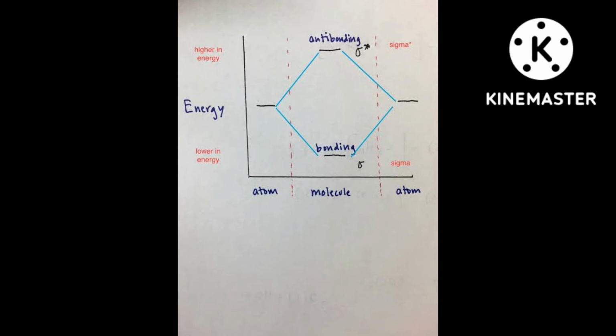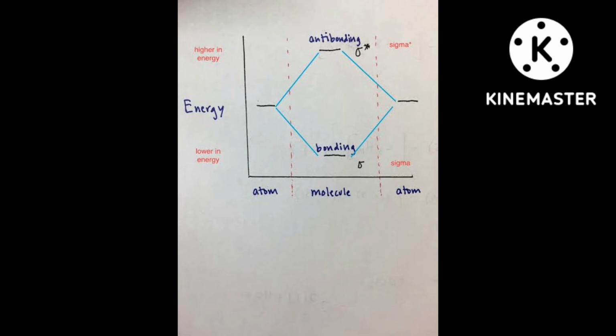So the two molecular orbitals, bonding sigma and anti-bonding sigma star, are formed. Sigma is equal to sigma A plus sigma B, that is the bonding orbital. And sigma star, the anti-bonding, is equal to sigma A minus sigma B, because they are far from the nucleus.